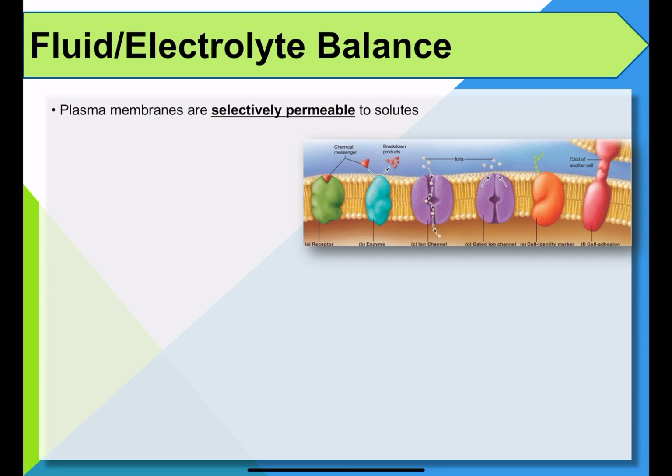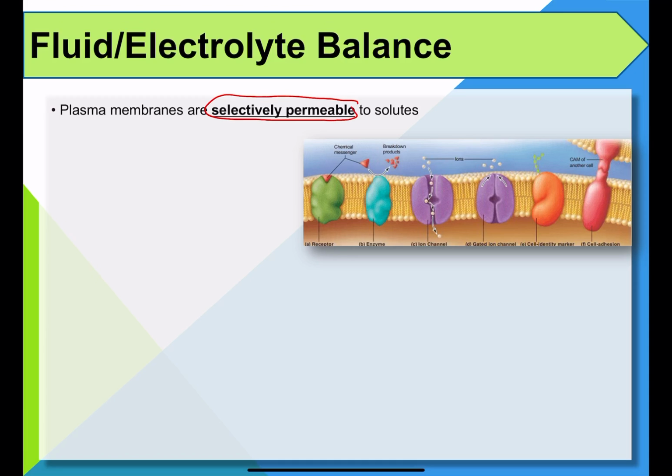Now, from what you learned about the plasma membrane in Bio 1406, remember that the plasma membrane is considered selectively permeable to solutes because it only allows certain things through. Only small molecules like oxygen, carbon dioxide, water, or even lipid-soluble molecules like vitamins A and K can move freely through the plasma membrane without the assistance of any proteins.